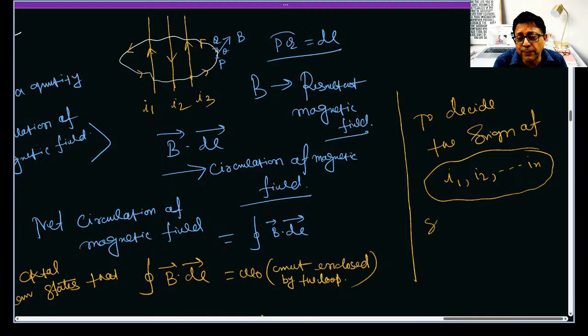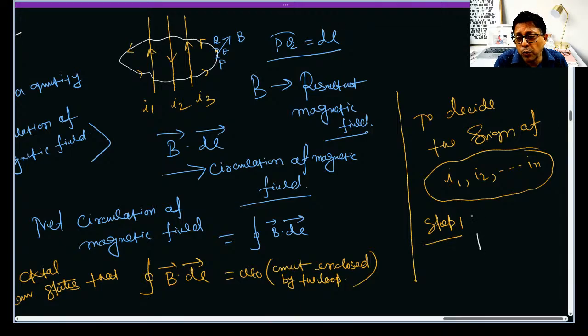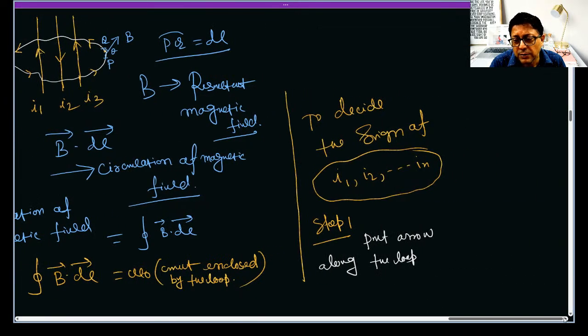So what we will do? Step 1. Step 1 is what? Put an arrow along the loop, either clockwise or anti-clockwise.